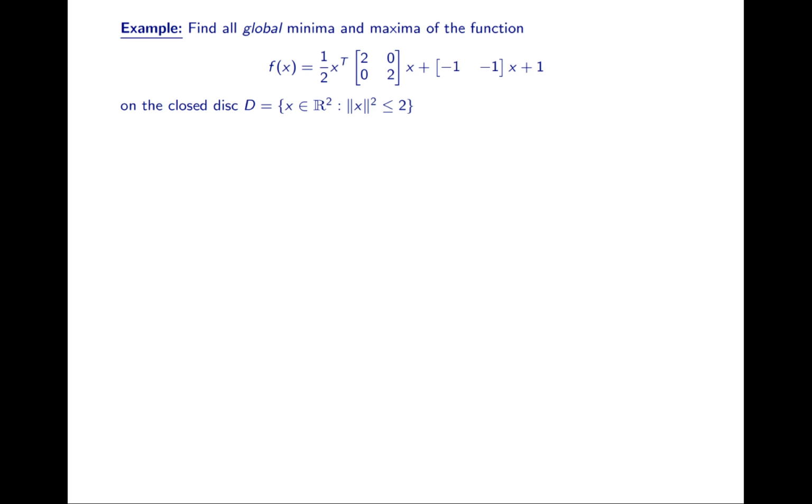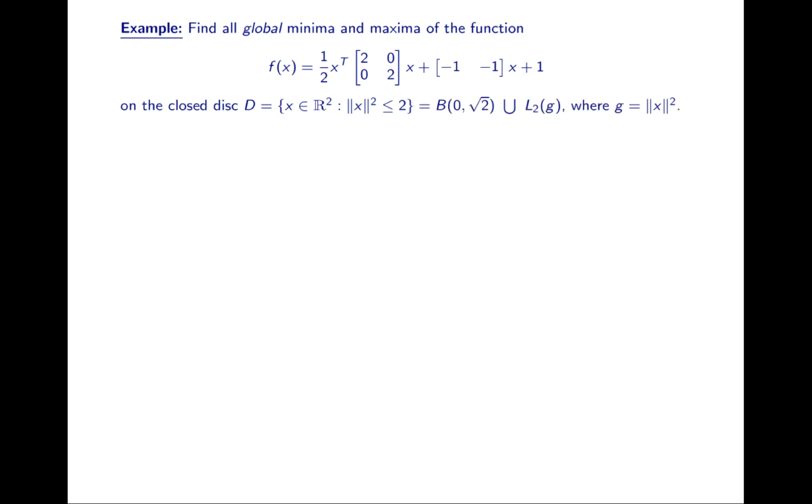Let's find all global minima and maxima of this quadratic function f on the closed disk D. All right, so the closed disk, that's all x in two-dimensional space, whose norm squared is less than or equal to 2. Now, the closed disk, right, that's an inequality, so how would we treat that?